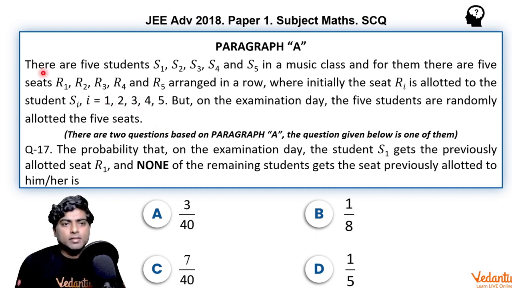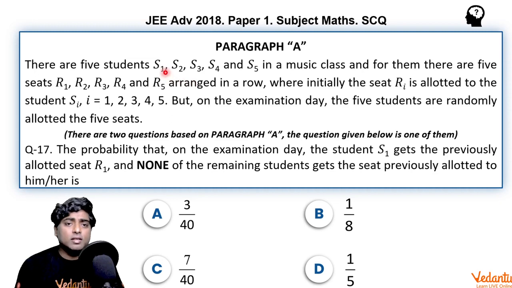See, it says the common paragraph for both the problems is there are 5 students S1, S2, S3, S4, S5 in a music class, and for them there are 5 seats R1, R2, R3, R4, R5 arranged in a row, where initially the seat Ri is allotted to the student Si, i equal to 1, 2, 3, 4, 5, but on the examination day the 5 students are randomly allotted the 5 seats.